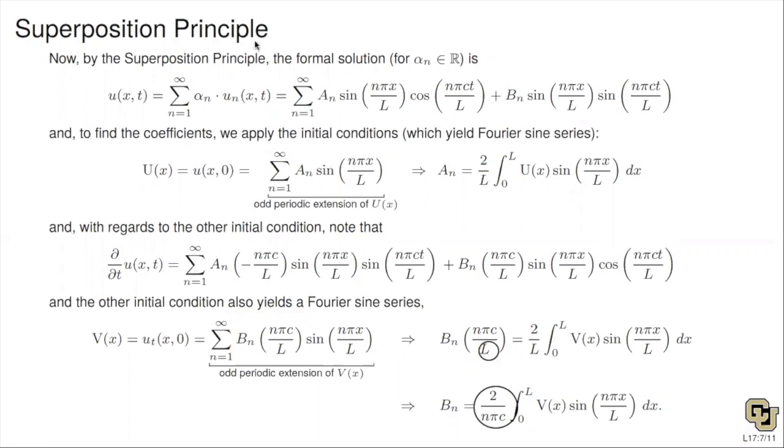This L will go up when you move it to the other side and cancel. And then the n pi c will go down in the denominator position when we divide. So you get 2 over n pi c with the L's canceled out. So here, L cancels, L cancels.